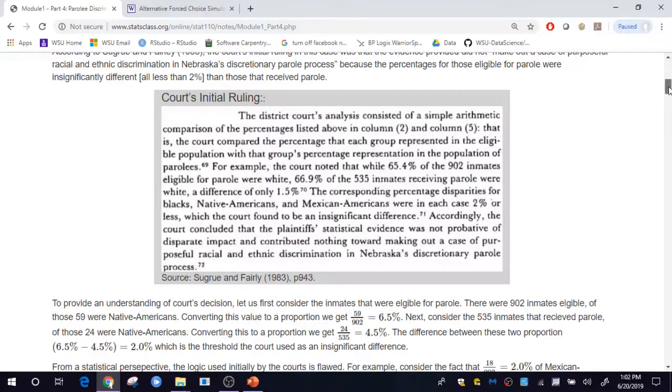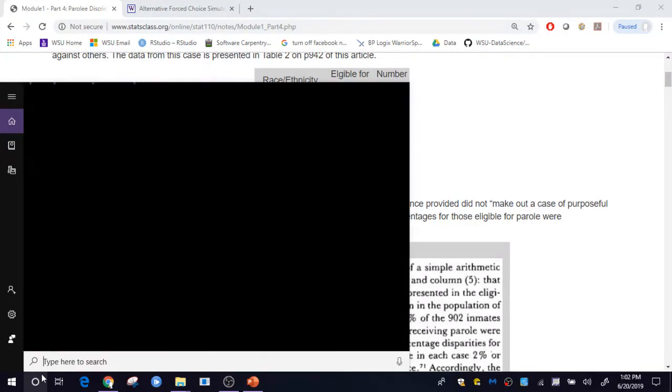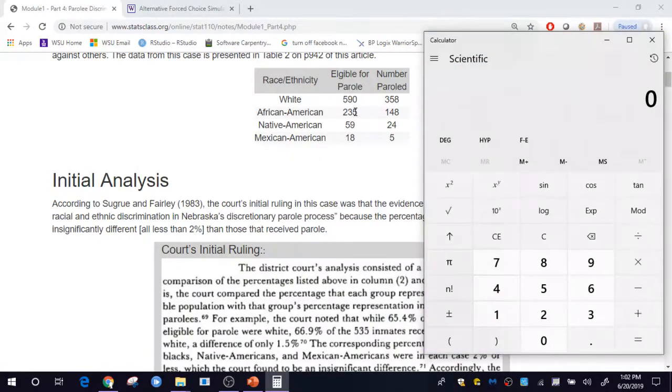How that value was computed is they just summed up the number of individuals that were eligible for parole, the 590, 235, 59, and 18, and they got 902. They took the 590 individuals that were white and divided by that 902 and determined that it was about 65.4%.